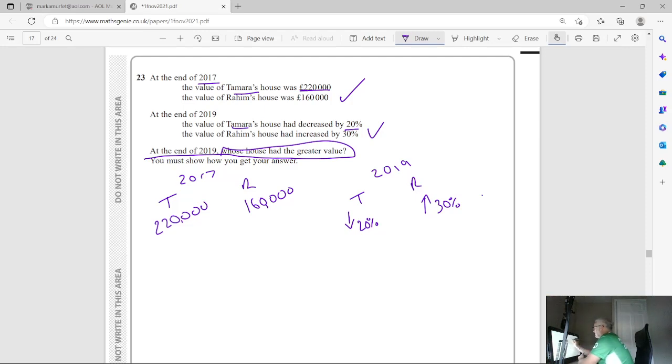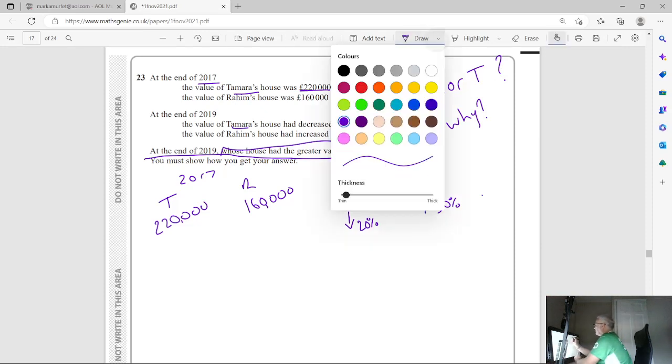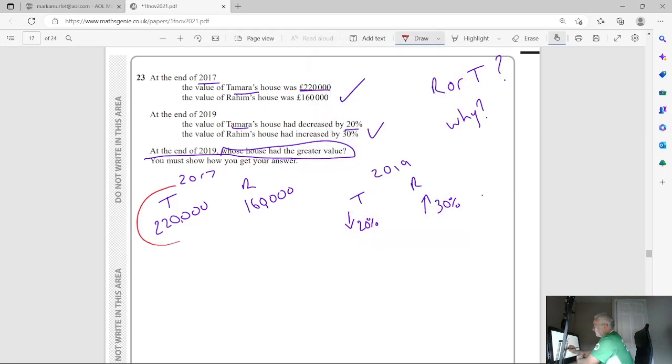So my answer is going to be Rahim or Tamara. Okay. And why? So let's just look at Tamara. Tamara's house went from 220,000 and it's gone down by 20%. So £220,000 is 100%.